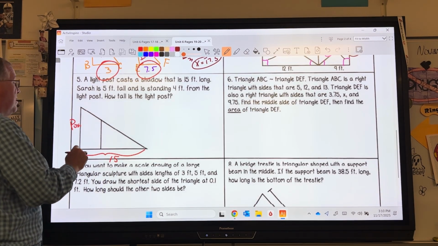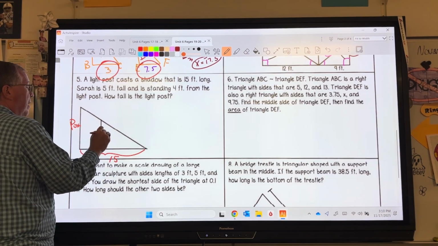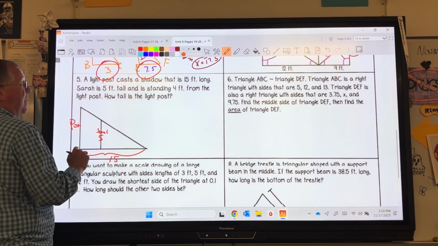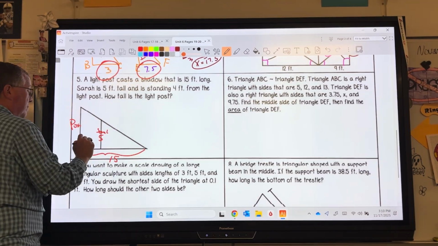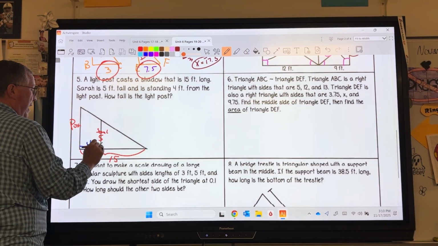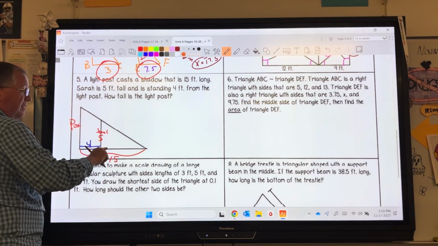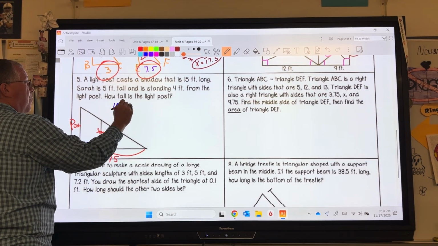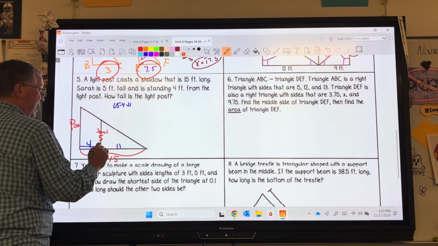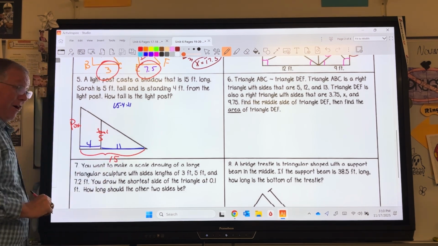Sarah is 5 feet tall. This is Sarah, she's 5 feet tall, and she's standing 4 feet from the light post. So there's 4 feet from here to here, which means Sarah's shadow would be 15 minus 4. Sarah's shadow is 11 feet from there to there, okay?